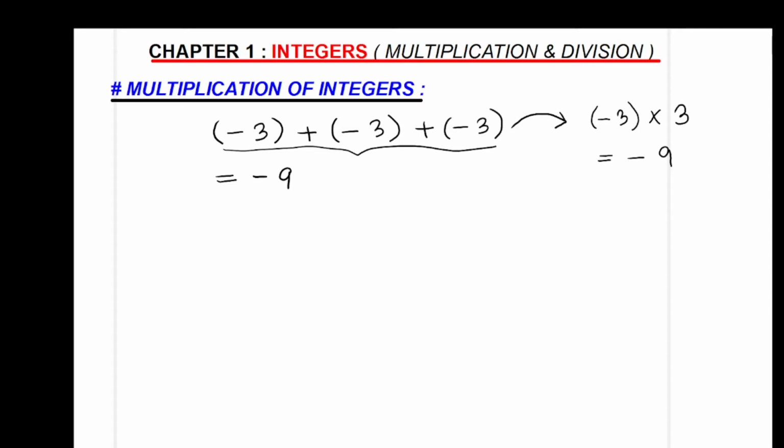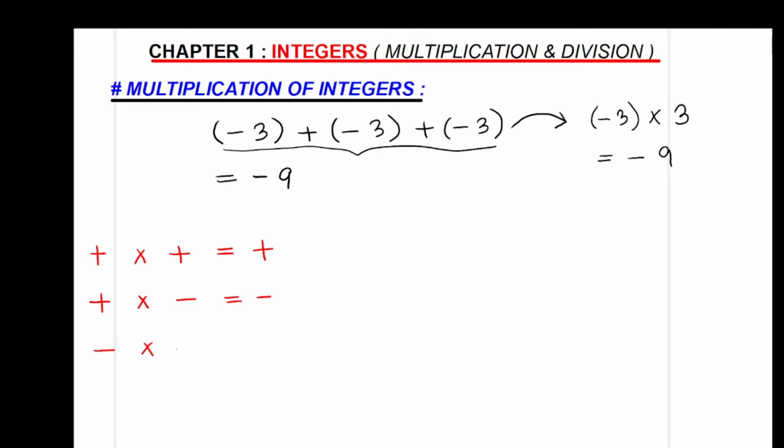Now for the multiplication, if both the numbers have the opposite sign, then how to do the multiplication? For that we have to remember 4 tricks. Plus into plus is plus. Plus into minus is minus.